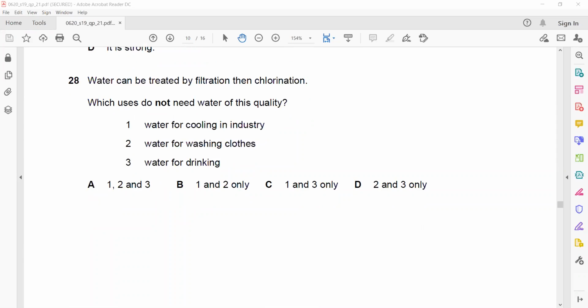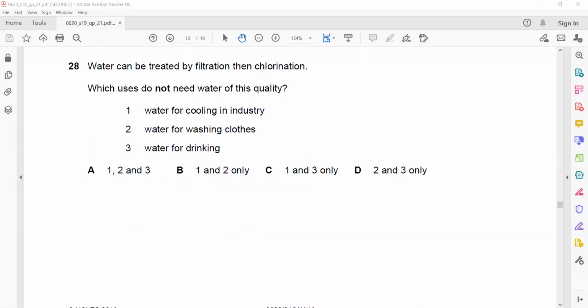Question 28. Water can be treated by filtration, then chlorination. Which uses do not need water of this quality?